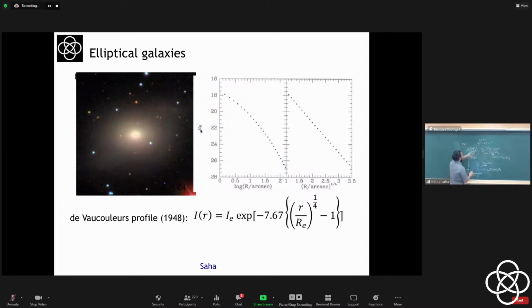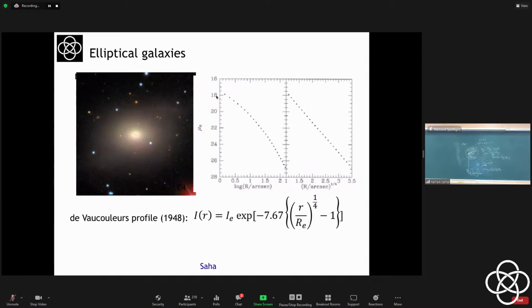Every time you calculate the total light within a given ellipse, you take the logarithm base 10, multiply by minus 2.5, and add the zero point, which varies from telescope to telescope, and you can calculate the apparent magnitude. This apparent magnitude is then plotted from the center of the galaxy to outside.